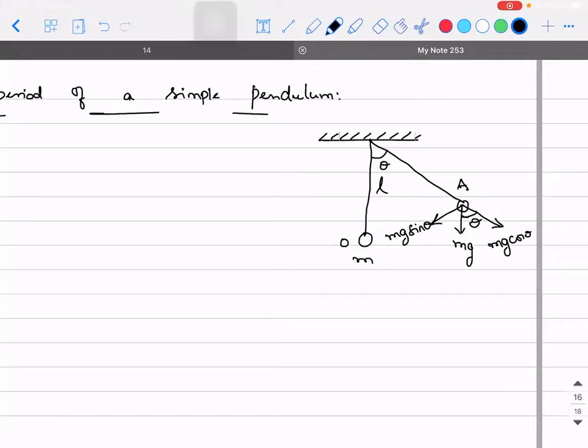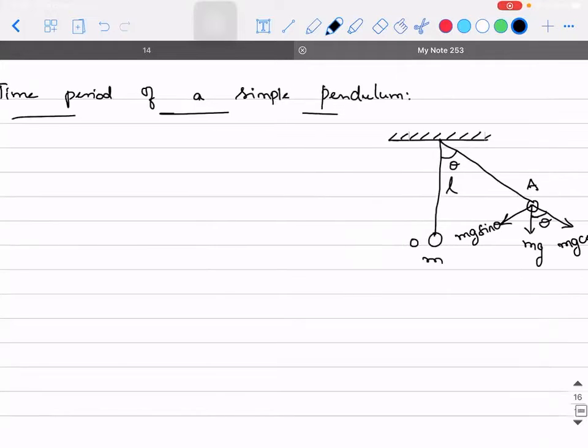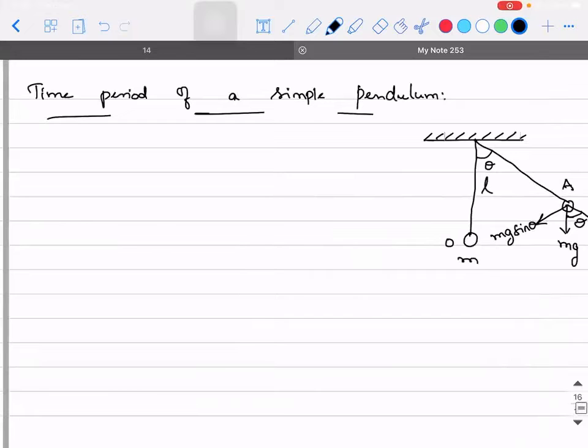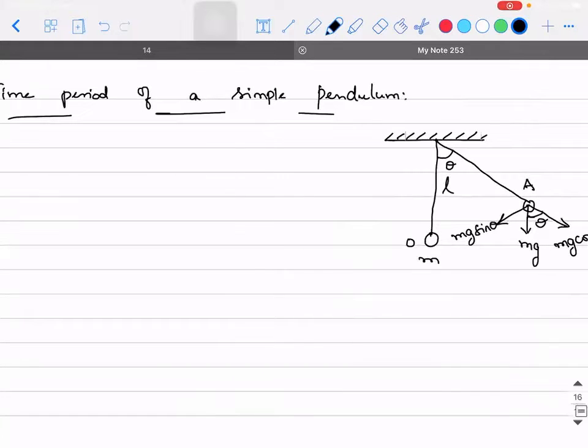Here, tell me, is the pendulum in a translatory motion or a kind of rotational motion? Is the bob rotating or is it in translatory motion?